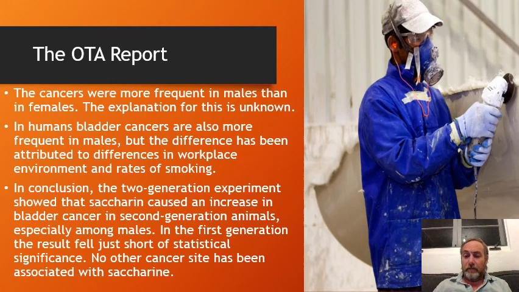And we can even run our own version of the numbers, since they did give us the relative frequencies, so we can run our version of the test of statistical significance as well. But if they say it is significant, particularly at the 0.003 level, then you can trust them. Okay. So no other cancer site has been associated with saccharin, just bladder cancer.